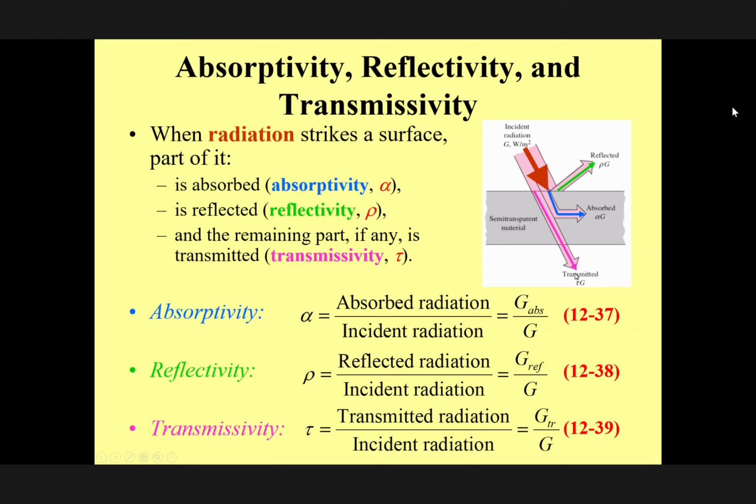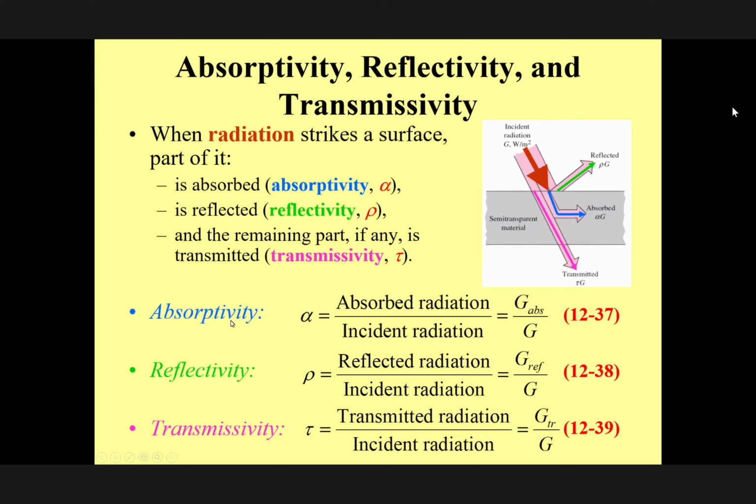Then a portion will be absorbed. For example, for building materials, we would like to have some absorptivity to store the energy, because we don't want the energy to immediately reflect inside. We also deal with reflectivity, for example with glasses, where sometimes we would like high reflectivity. Therefore, these are the three characteristics of the material when we're trying to select it for a certain application.